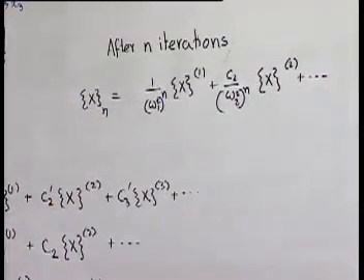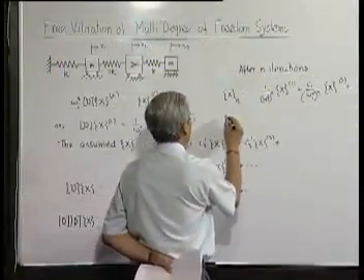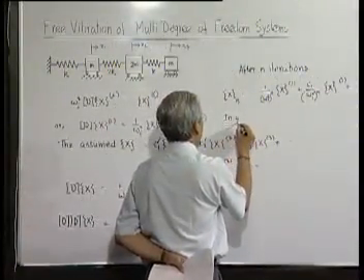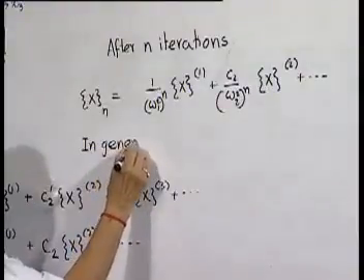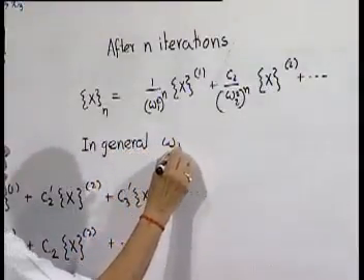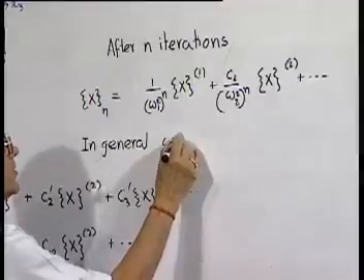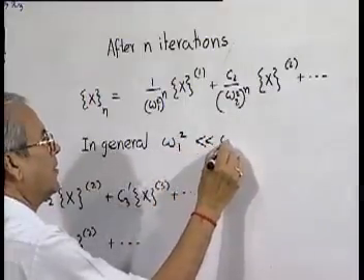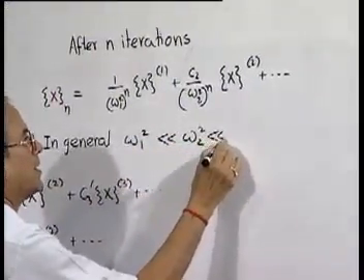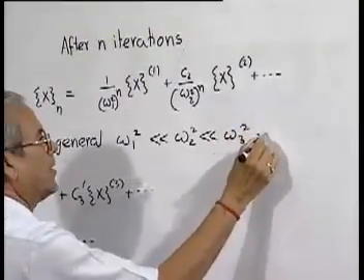Now we should notice that in general, omega 1 square is much less than omega 2 square, which is much less than omega 3 square, and so on.